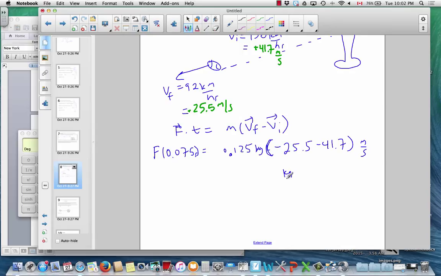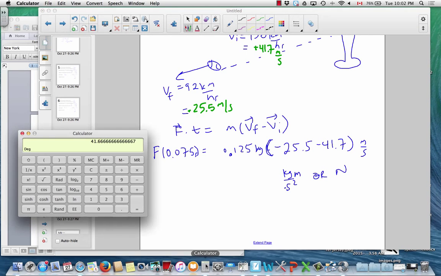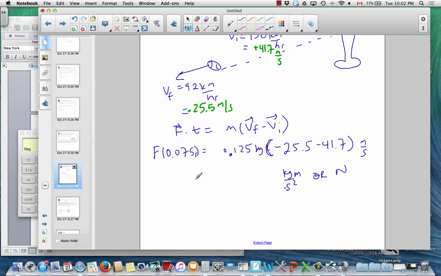That would be kilogram meters per second squared, which is, of course, a Newton. And so now let's see what the value is. We multiply by 0.125 and we divide by 0.075, and it's 111.9 newtons, or 112 newtons to 3 significant digits.